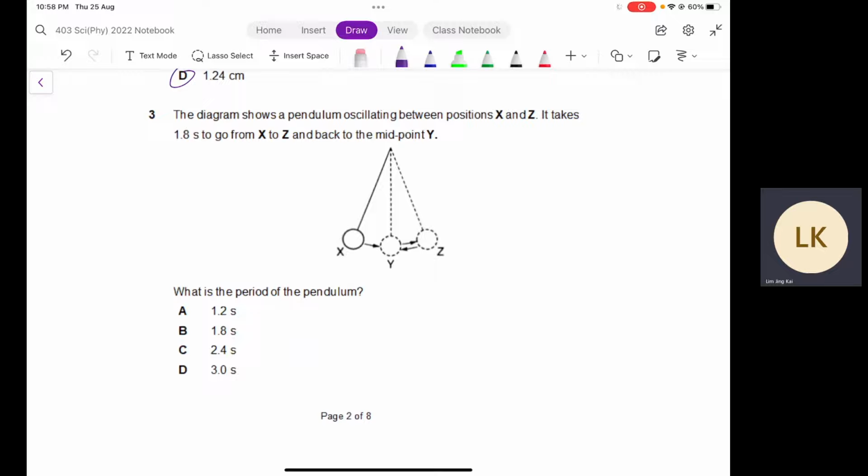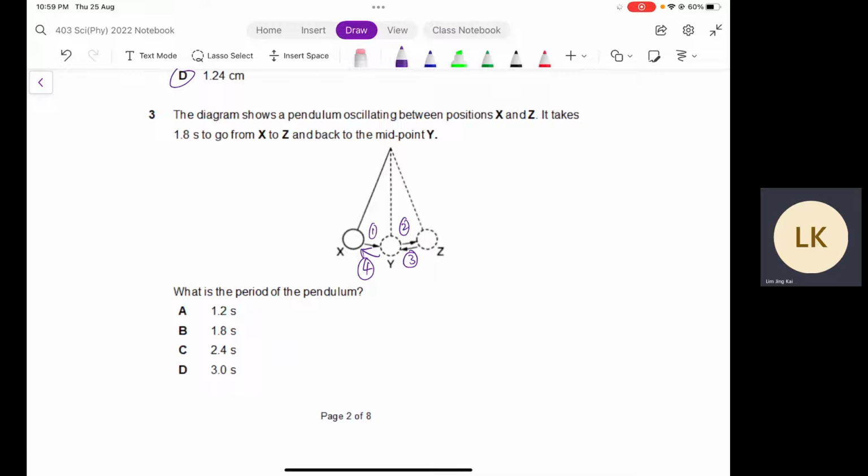To complete one oscillation, the period, you must go from X to Y to Z, back to Y, and finally back to X. But the question tells you that from X all the way to Z and back to Y is 1.8 seconds. So we can split this journey into 4 parts: X to Y part 1, Y to Z part 2, Z to Y part 3, and Y to X part 4.